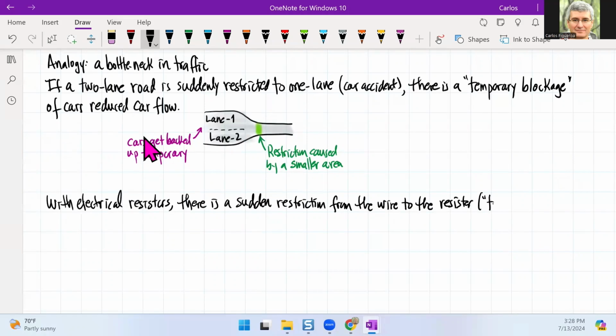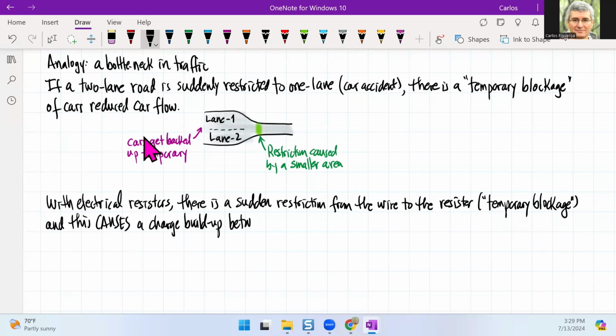In other words, there's a temporary blockage. And because of that sudden blockage, this causes a charge buildup, just a charge buildup.